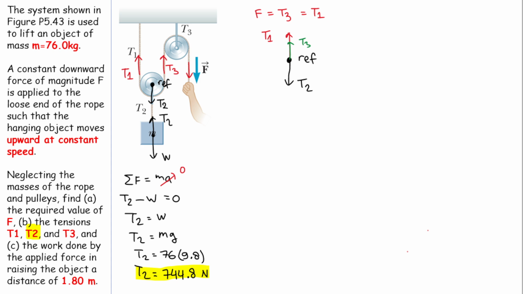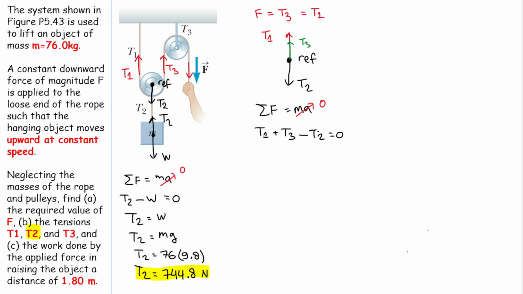Again, we can apply Newton's second law. We will have sigma F equal to the mass times acceleration. Remember, it is moving at constant speed, so the acceleration will equal 0. The positive ones are T1 and T3, so I have T1 plus T3, and that will equal minus T2, so T1 plus T3 minus T2 equals 0.